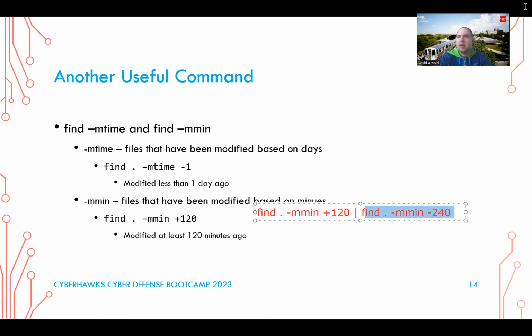So actually, let's try that. I don't know if that'll work. Oh no, because we don't have anything that was written more than an hour or 2 hours ago, so that's really not going to be as useful. I'll have to do a little bit of testing with that command, but at the very least, that could be something that you may want to investigate.